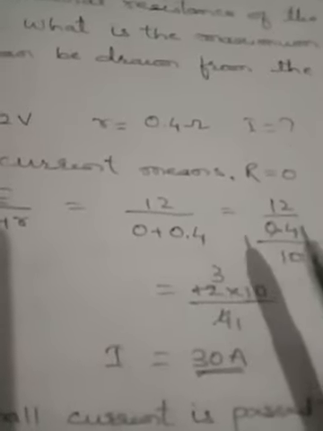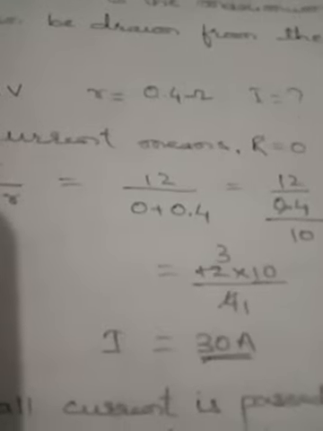In this case, substitute the values. Substitute the value of E. Substitute the value of R. Substitute the value of small r. Small r is the internal resistance. Substituting this value, 12 divided by 0.4. So if we simplify, it will become 12 into 10 divided by 4.